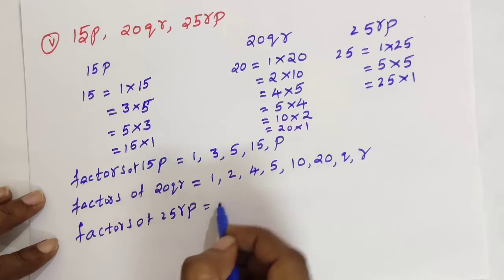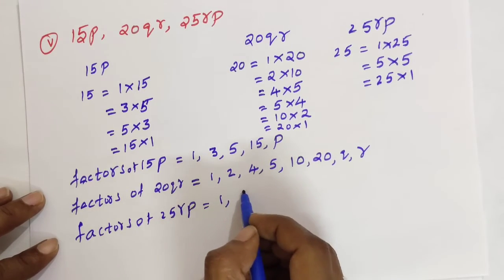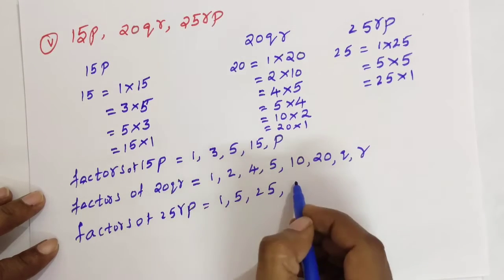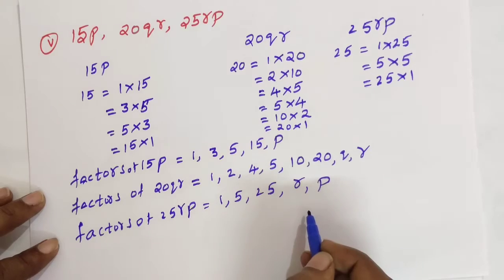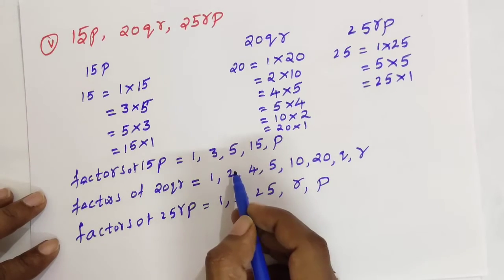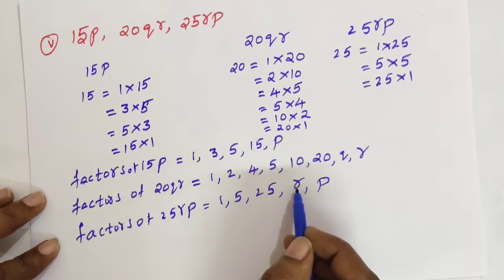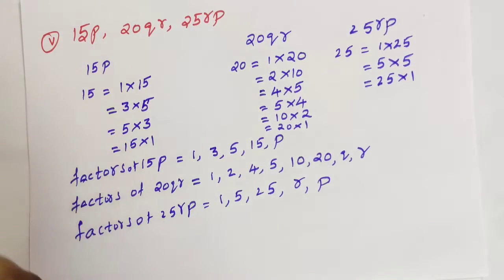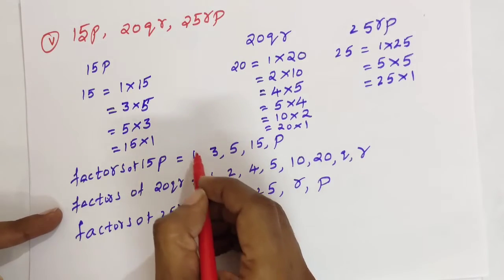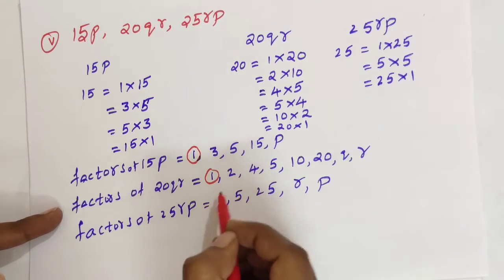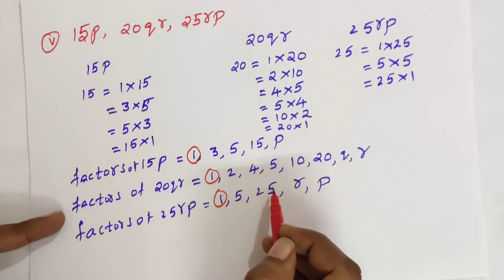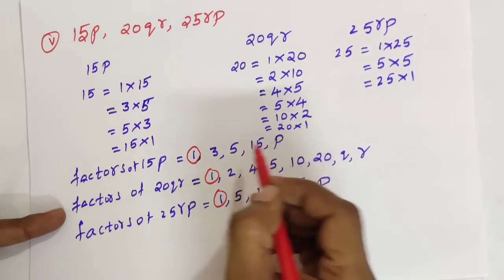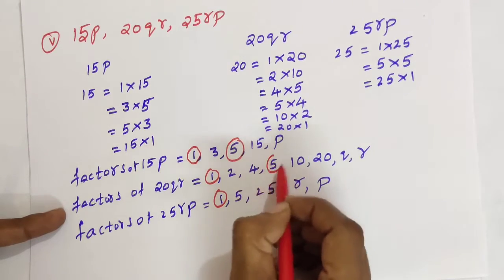25 RP. So simply you can write 1, 5, 25, R, P. Now among all these three factors we have to select the common. Round that common factor 1, which is a common factor of all these three terms, and next observe 5.